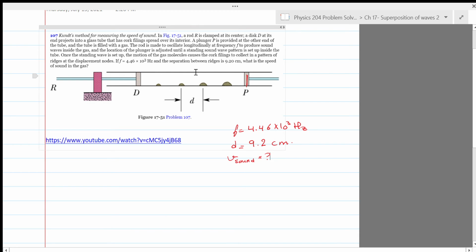So if we look again at this experiment, we are told that these ridges are formed at the nodes. So if we remember the drawings of the sound waves, these are at the node locations. So you can imagine that the sound waves will be as such. So this is our first node, for example.